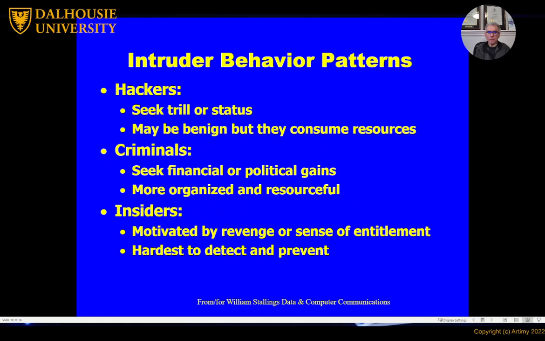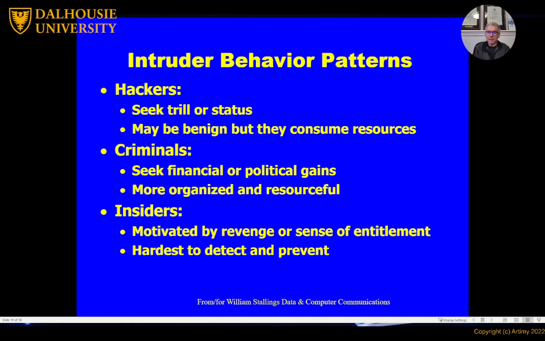So who are the intruders? We call them different names. The hacker is a common name. Hacker is probably an old term that initially referred to people who are actually very smart, very good. They can do things that other people cannot do. And it was a compliment for somebody to be called a hacker.